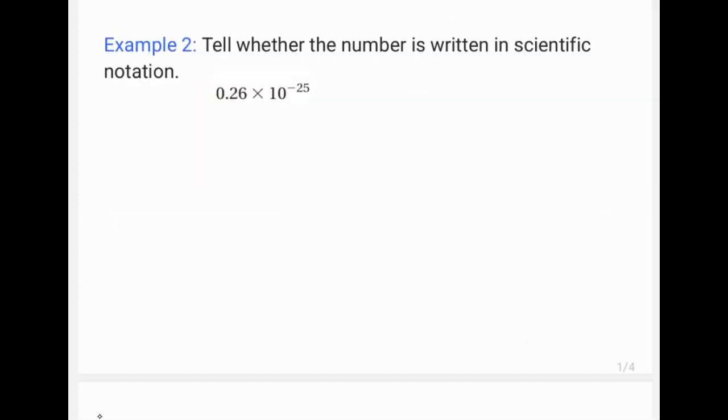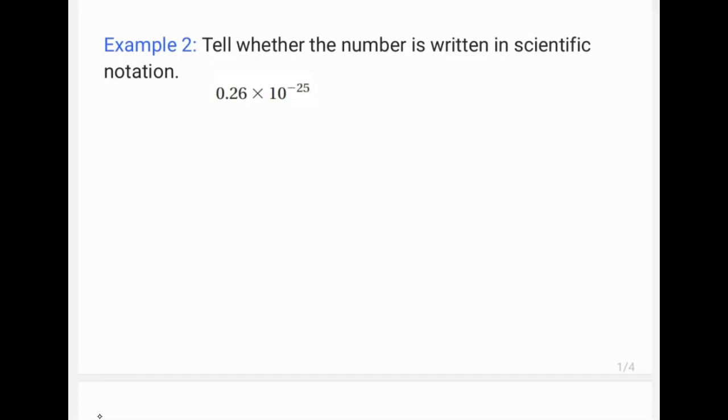Example 2, tell whether the number is written in scientific notation. So we're looking at our first number, and our first number is 0.26. That is not in the correct scientific notation because the number has to range between 1 to 9.